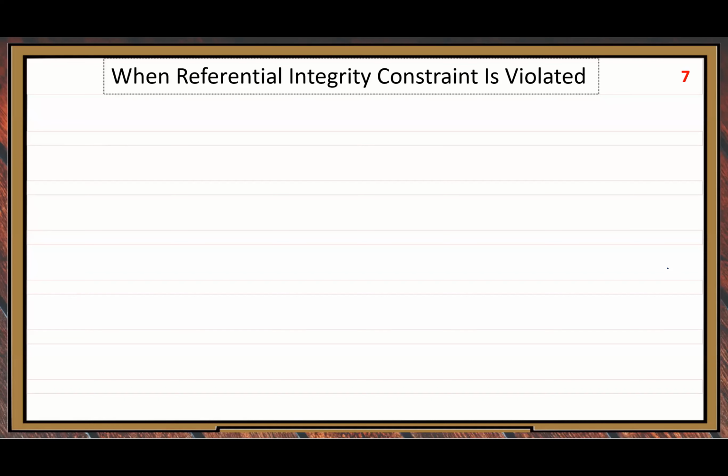When a referential integrity constraint is violated, how do we solve the problem? It could be violated, but we need to look at the cases. We may have some violation. Violation situations.